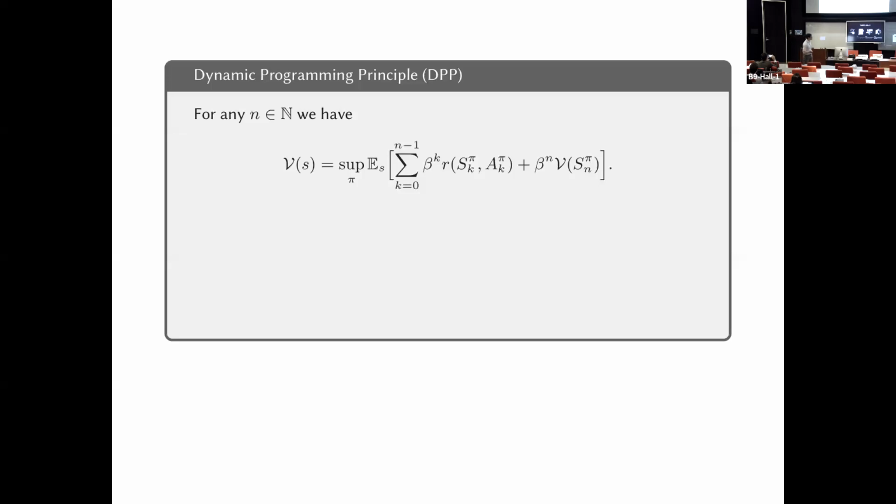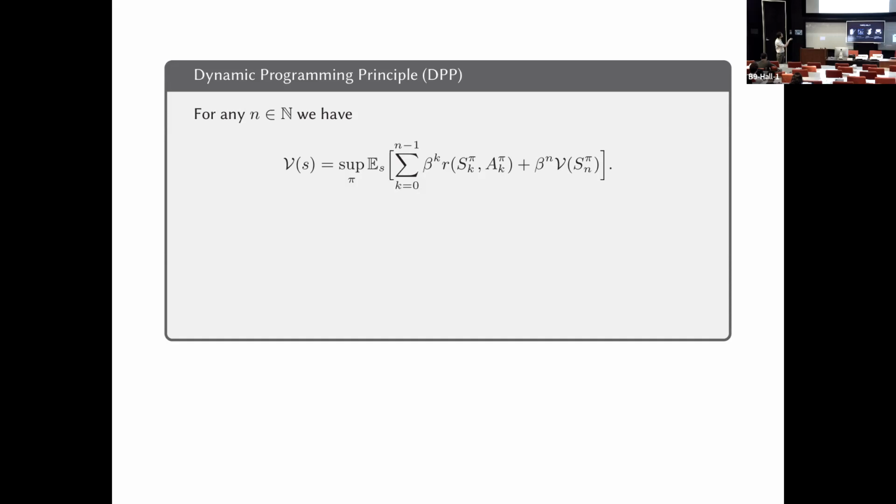And the big idea behind dynamic programming is that optimal decisions are time consistent in the following sense. You can write it like this. On the left-hand side, you have the value function with initial state S. This is the best expected total reward that you can attain from time 0 all the way to the end.